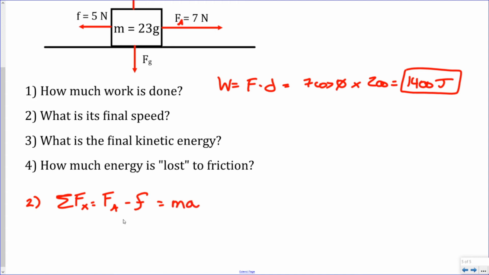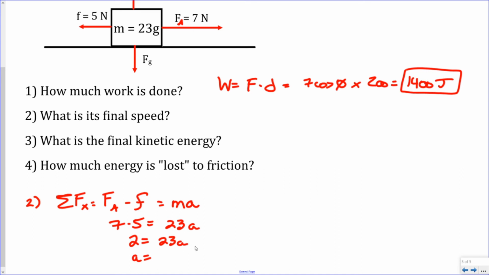Mass times acceleration. So we have 7 subtract 5 equals 23 times a. 2 equals 23a. a equals 2 divided by 23, which is what?